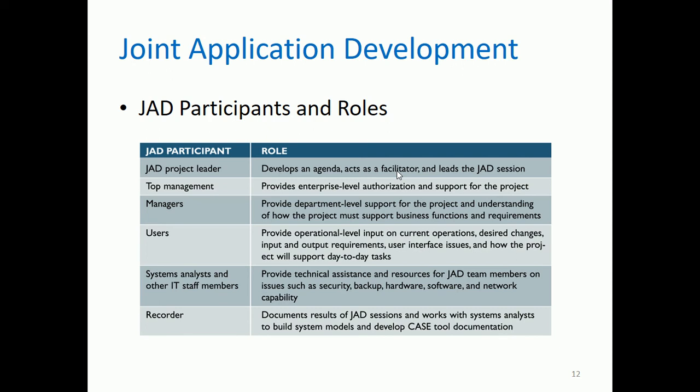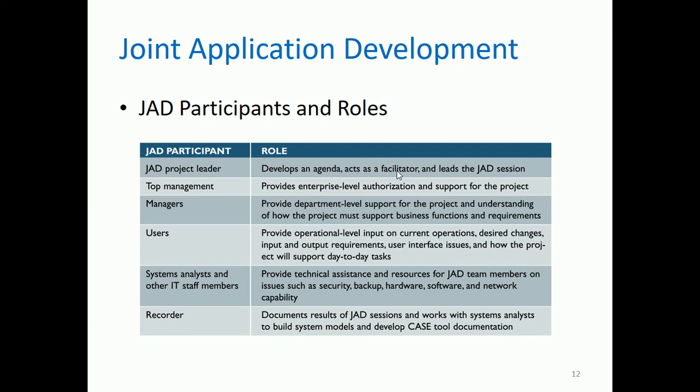And then of course users. They provide operational-level input on current operations, desired changes, input and output requirements, user interface issues, and how the project will support day-to-day tasks. So who are the ones very intimately involved with the information system? They are the end users, because they are the ones utilizing the system.